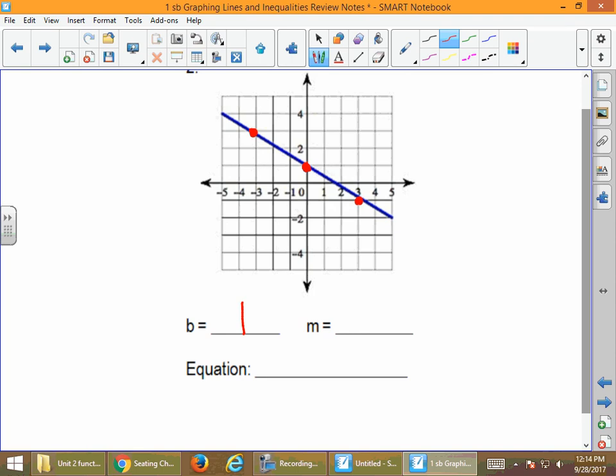Or from the y-intercept, we could go down 2 and 1, 2, 3 to the right. The rise means that we're going to be going up or down. The run means that we're going to be going right or left. And what we see either way there is 2/3.